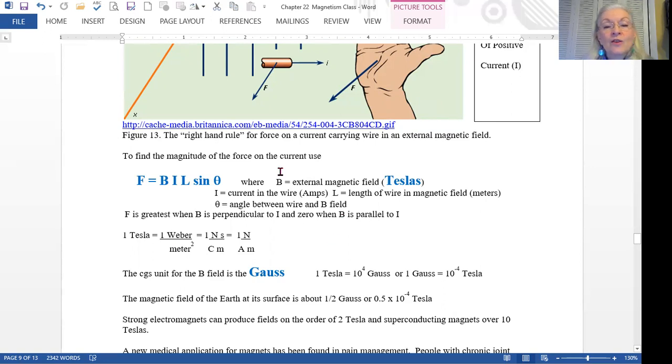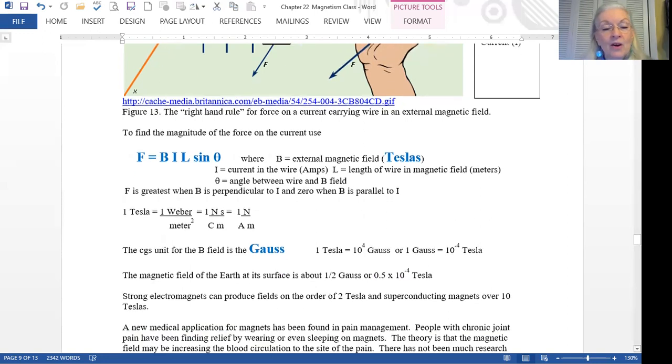So we measure the external magnetic field in Teslas, just like we have meters for length. We also could use centimeters if we're doing CGS units. Remember, CGS stands for centimeters, grams, seconds. The B field in CGS units is measured in Gauss. And the only reason I mention that is because people talk about the magnetic field at the surface of the Earth being roughly a half a Gauss. So you can see a Gauss is pretty small.